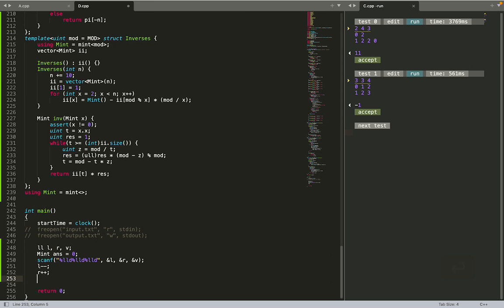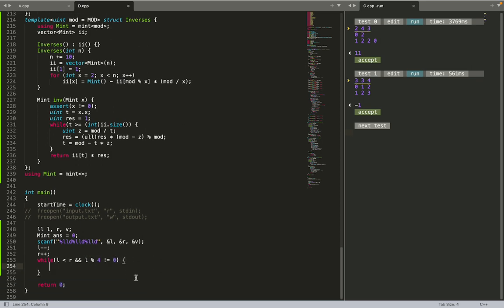To do that, first let's trim our segment so that it's aligned with 4.